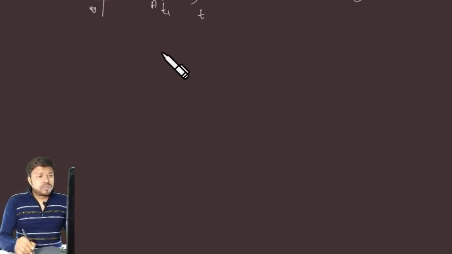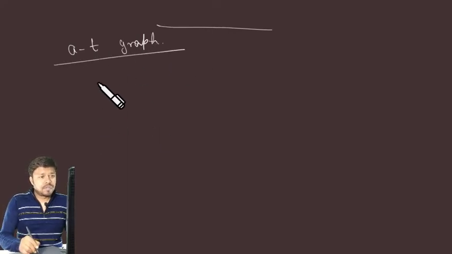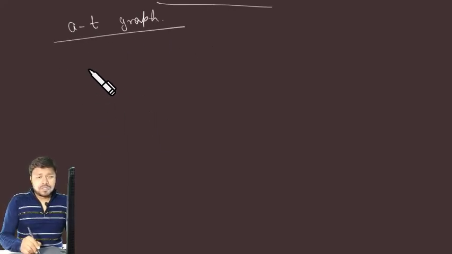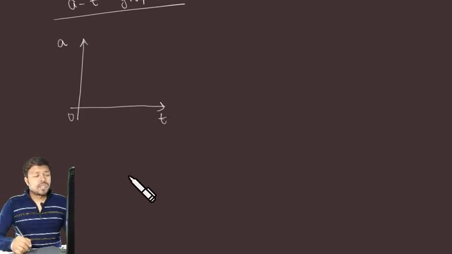Okay. Now let's move on to the last part of the lecture, which is the acceleration time graph. So first, the body is at rest. Of course, in the acceleration time graph, the time will be again in the x-axis and acceleration this time will be in the y-axis.